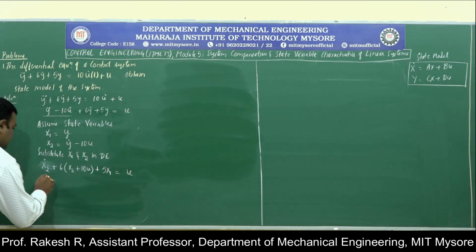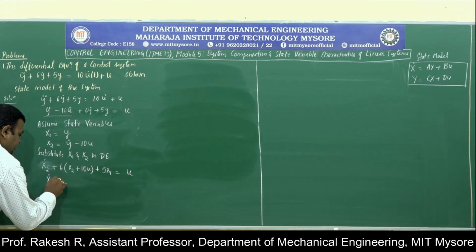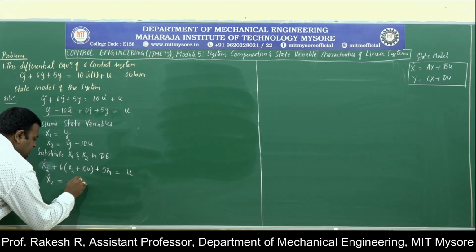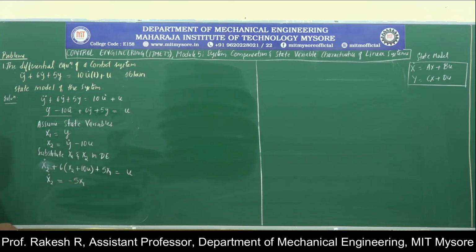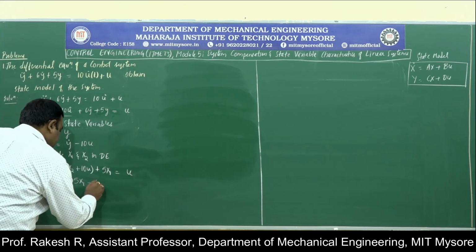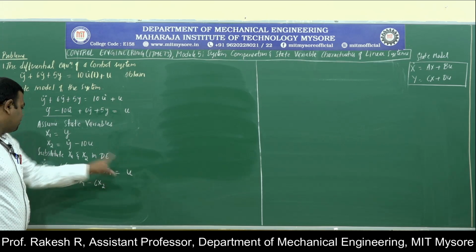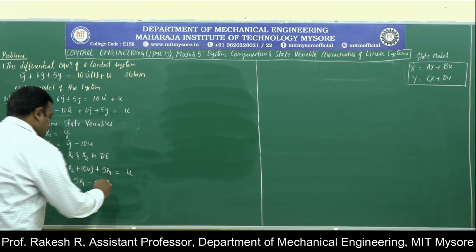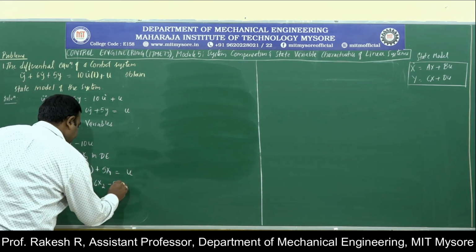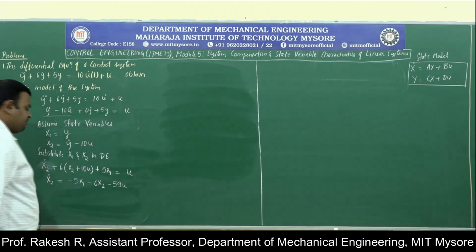So what is the equation for x2 dot? x2 dot will be equal to minus 5x1 minus 6x2. Already there is a u, minus 60u, so it will be minus 59 into u.